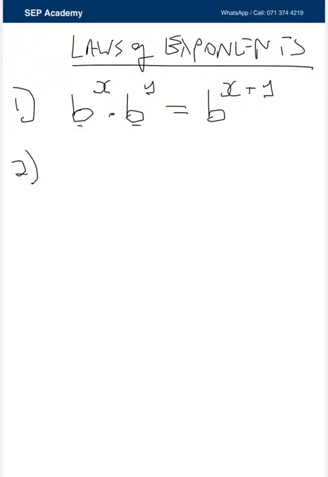So maybe let's talk about law number 2. This one talks about when you divide the same bases. I'm using letter b so that it reminds us of the base.